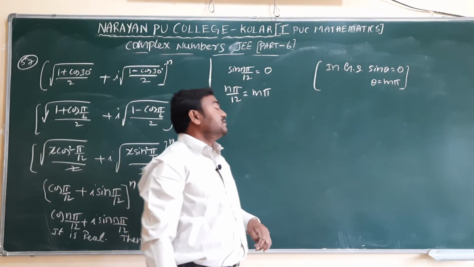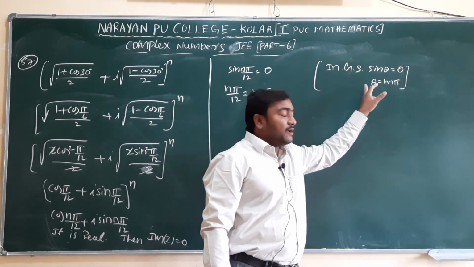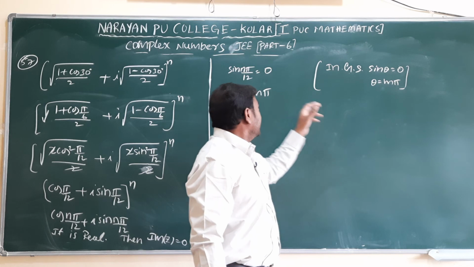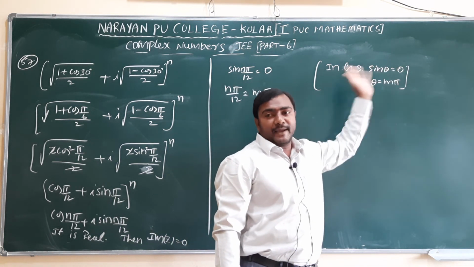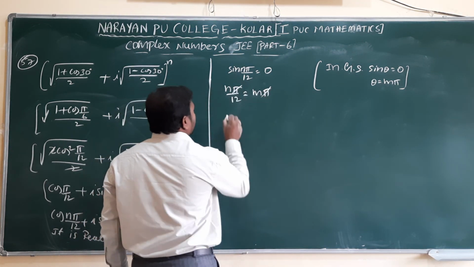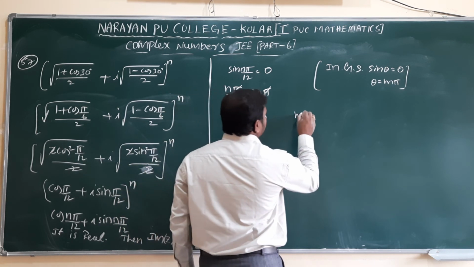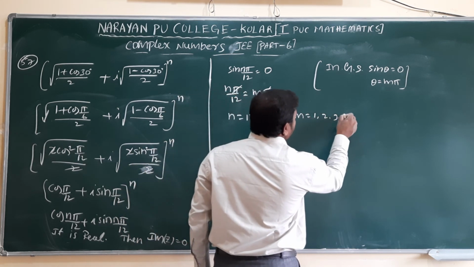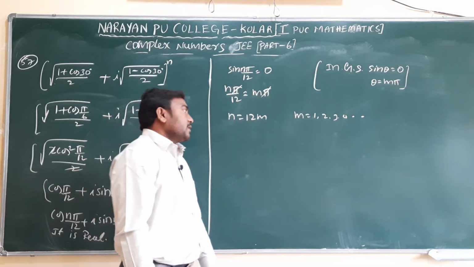Already we know the general solution in trigonometry: sin theta is equal to 0, then theta value is n pi. But here the same value we get is n pi by 12, and we have taken theta value m pi. Here pi gets cancelled, n is equal to 12m, but the value of m should be 1, 2, 3, 4, and so on, the positive integers.